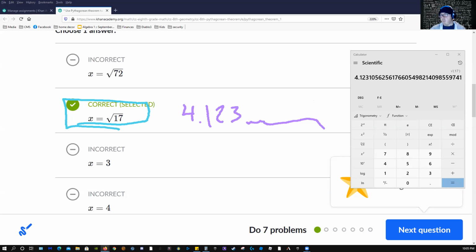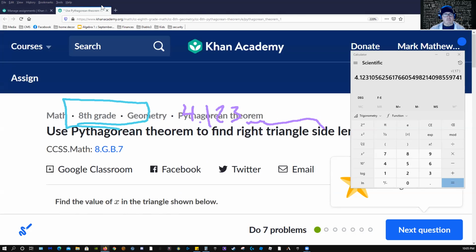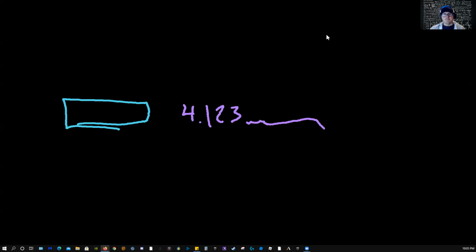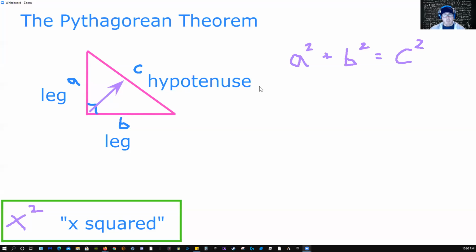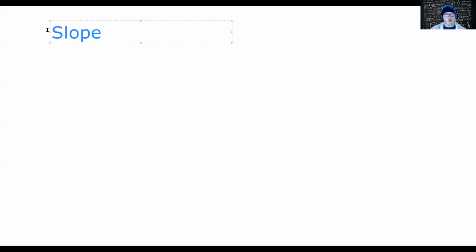Slope. Okay. So first of all, what is slope? Well, there's a lot of ways to say this.